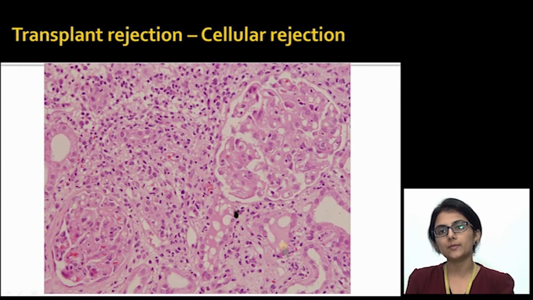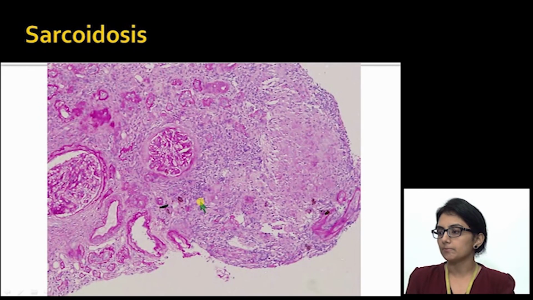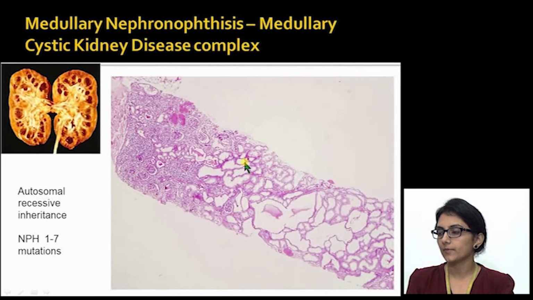If we move on to some immunological causes of tubulointerstitial nephritis, in the setting of renal transplant, a cellular rejection really does look like a tubulointerstitial nephritis. You've got these lymphocytes which are attacking the tubules. Sarcoidosis. This is another example of a granulomatous tubulointerstitial nephritis with non-necrotizing epithelioid cell granulomas, and again you can see the chronic tubulointerstitial damage there.